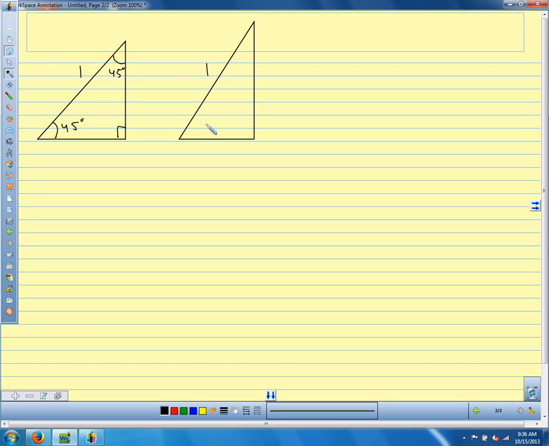I'm going to make the hypotenuse 1 here too, and this is my 30, 60, 90. And we're going to come up with the sides of these triangles and find our sines, cosines, and tangents. So for a 45, 45, 90, if the hypotenuse is 1, what are the lengths of the two legs?